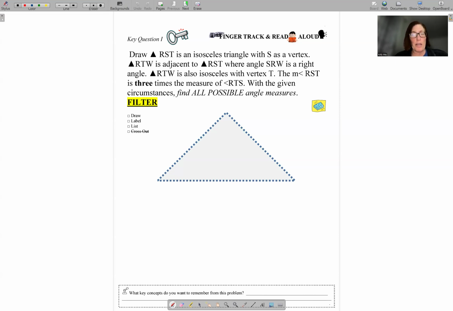So for each of these, I recommend you get your phone and set a timer for 5 minutes, and you do everything you can in 5 minutes all by yourself. So for this problem, set a timer for 5 minutes, do what you can by yourself, pause the video.